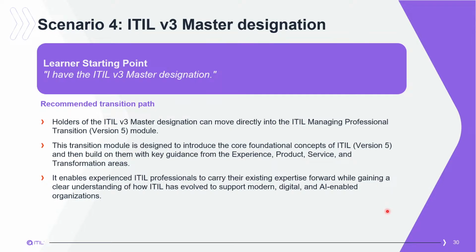So we can use the ITIL Managing, and this can also help with the guidance of experience, product, service, and transformational areas as well. So it's a good situation. You can use this ITIL version 3 Master and jump very high to ITIL version 5.